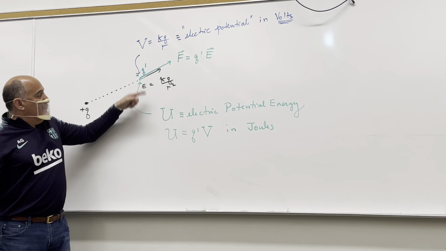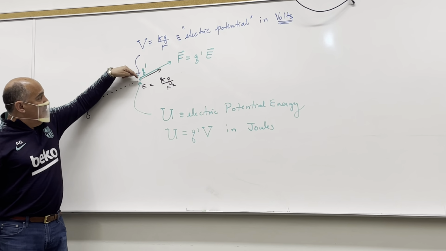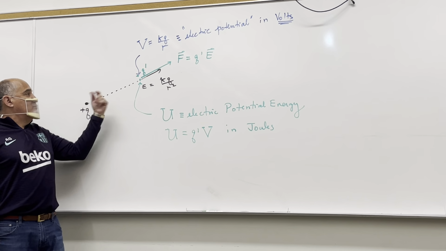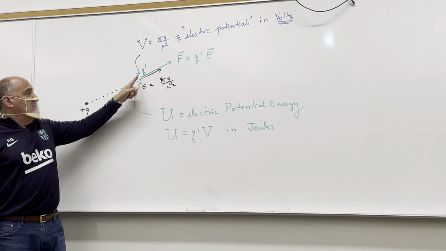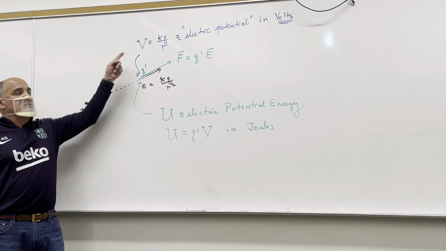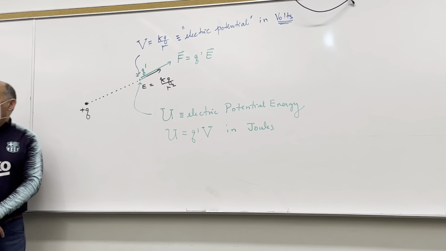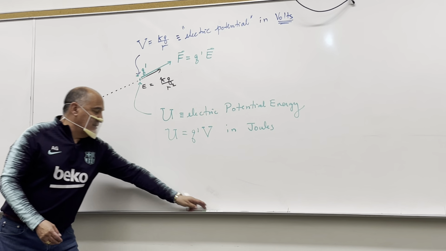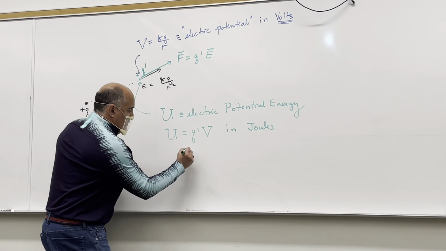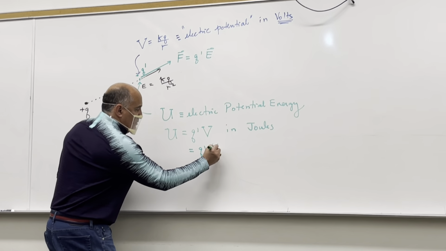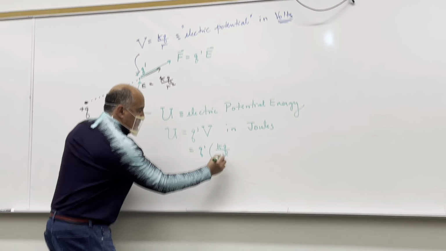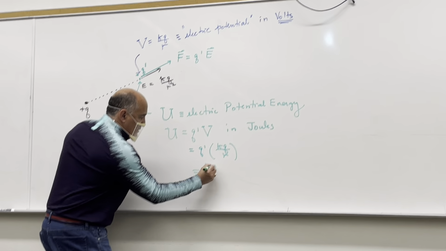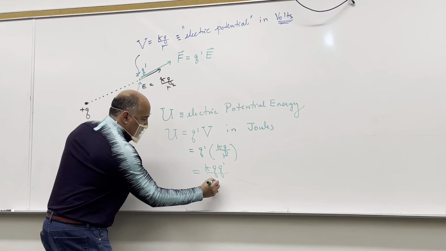And for the energy of this charge, as it interacts with this one, it's Q prime times whatever is produced there by this, which is KQ over R. So this is KQ Q prime over R.